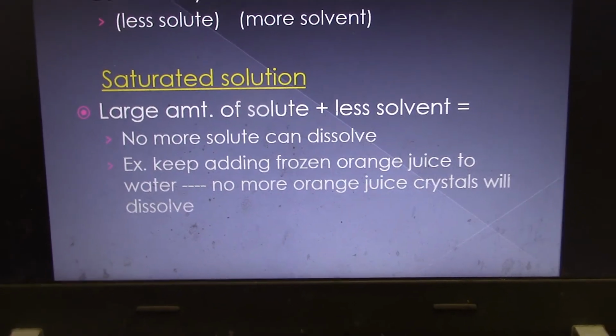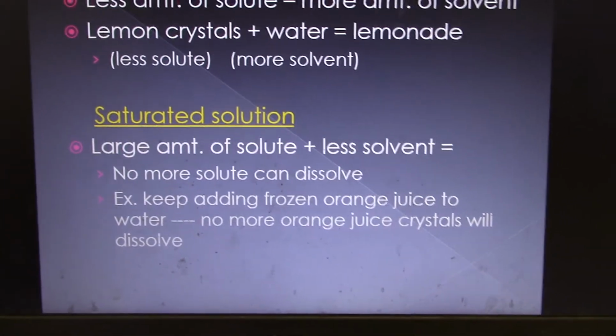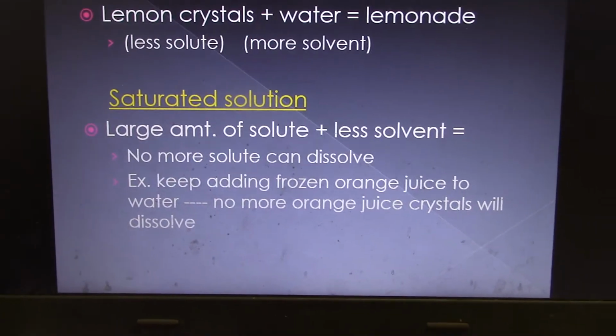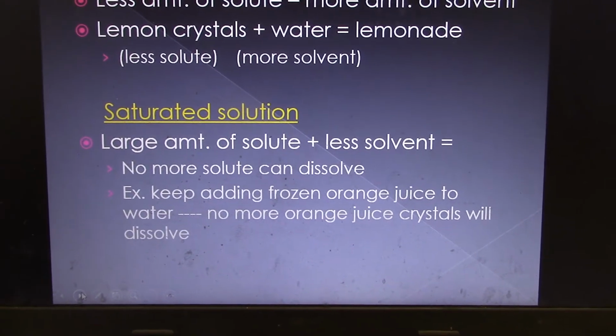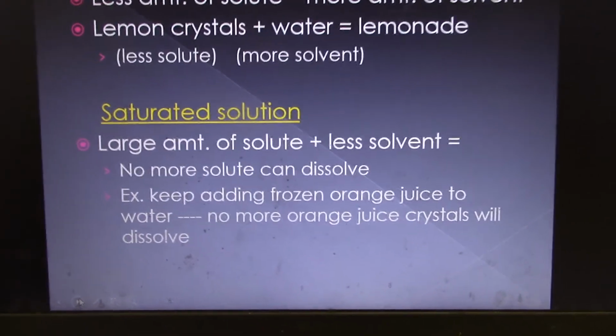And what you'll start to see is rather than the molecules dissolving into the solution, you start to see little solids build up on the bottom. So no more solute is permitted inside the solvent, and that's based on the molecule's properties.